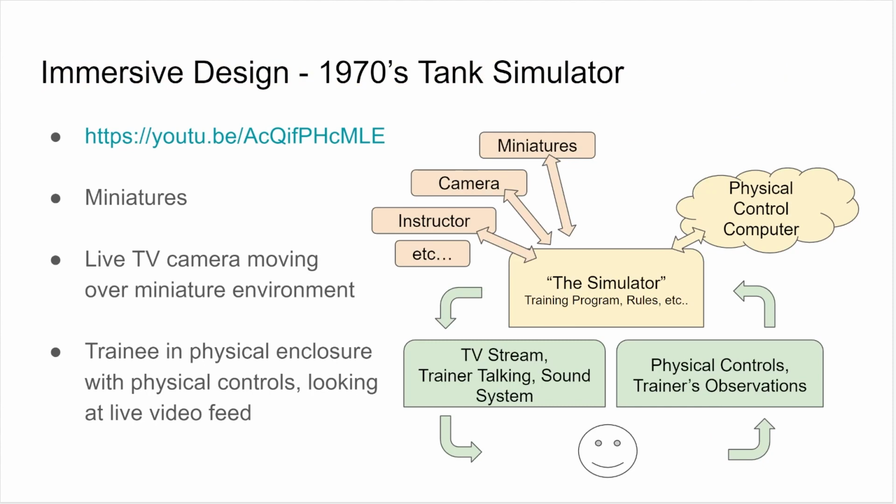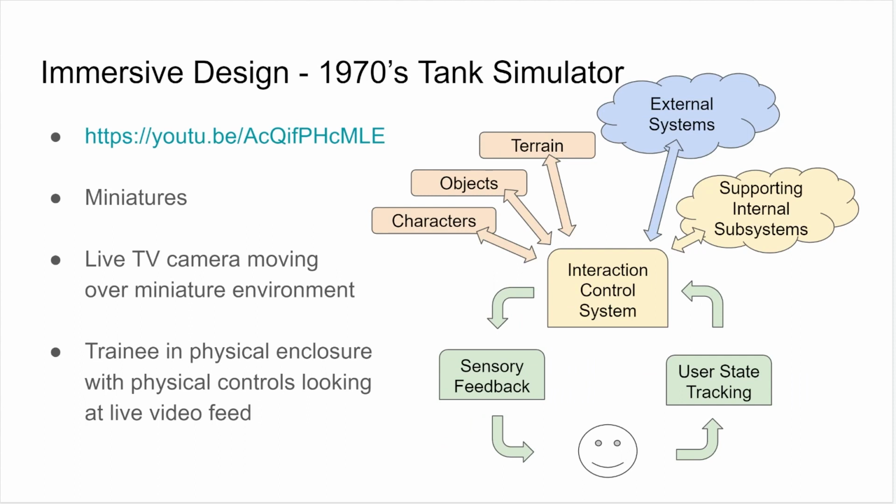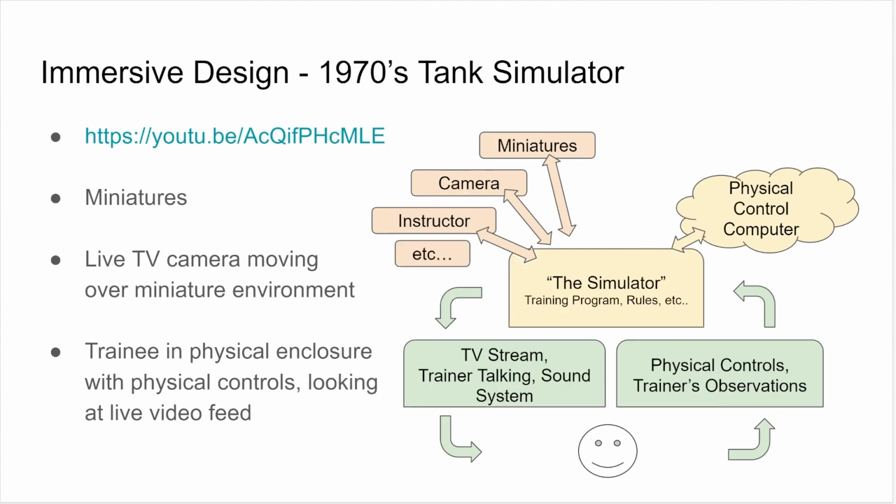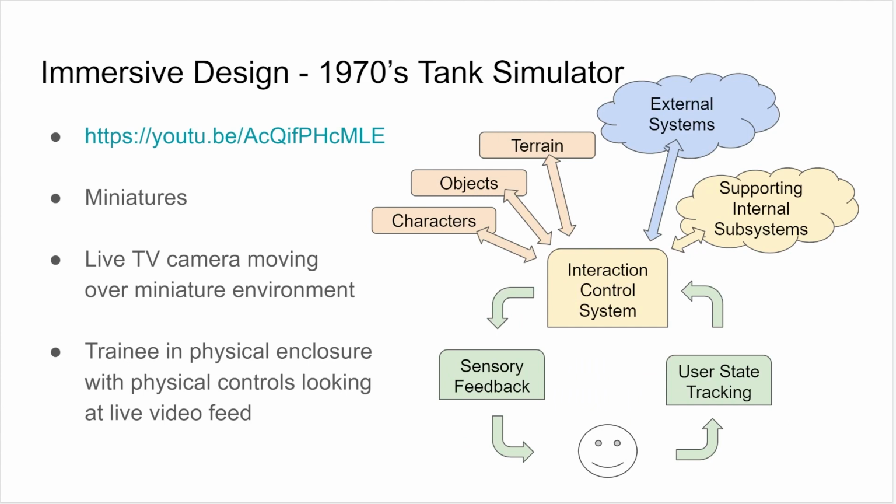In the last 3 examples, we've basically taken this structure and fit all the different aspects into it in different locations. Even though immersive systems have all these different components that come from different fields, they all come together in this framework.